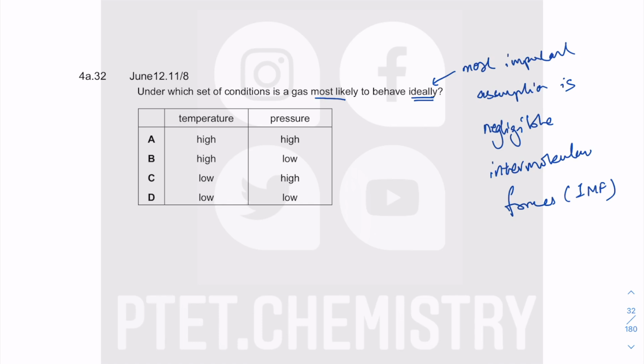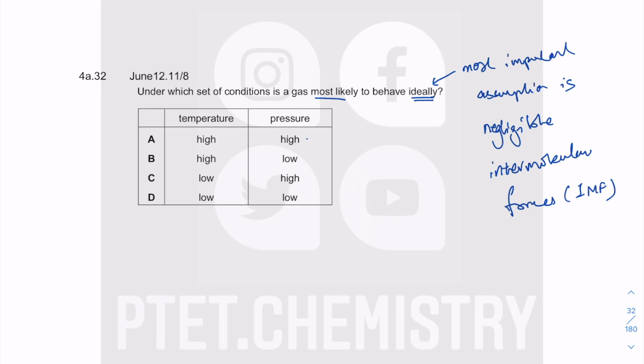So you want the intermolecular forces between the molecules to be as small as possible. When the molecules are close together under high pressure, obviously you have stronger attraction between the molecules because they are closer together, and that is possible when you're under high pressure.